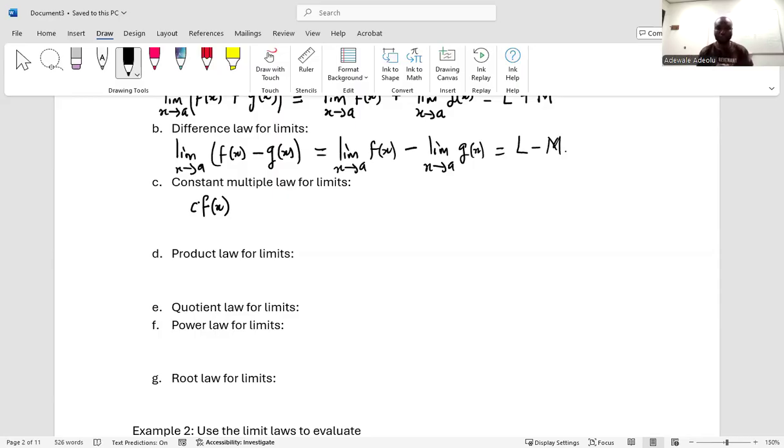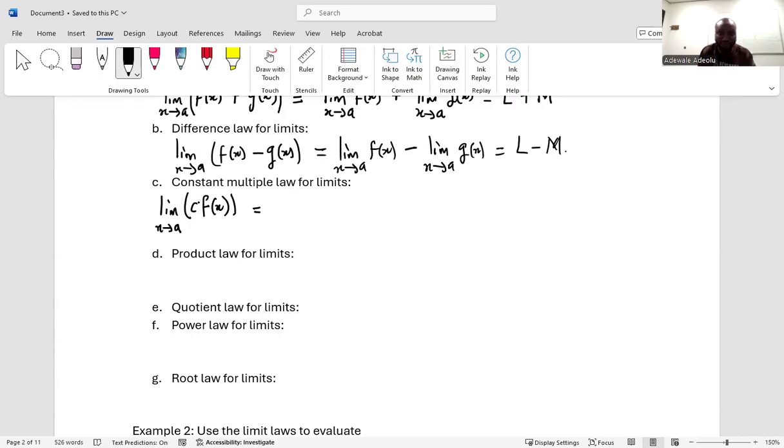It is possible: we have a function, and we are multiplying the entire function by a constant value. And then, if I am taking the limit as x goes to a of everything, the law allows me to move that limit into the parentheses.